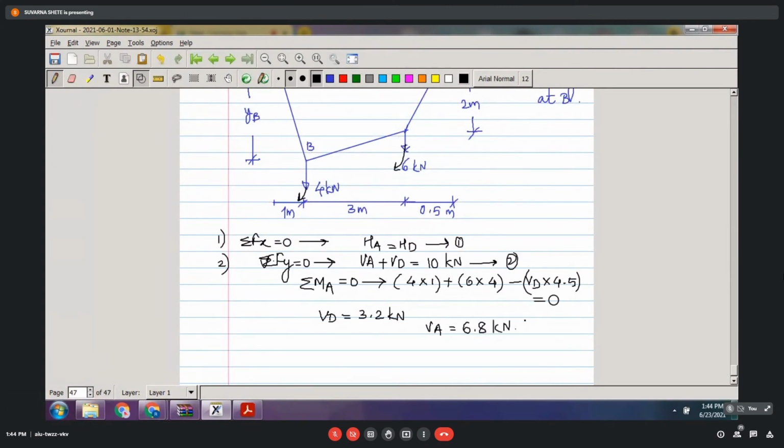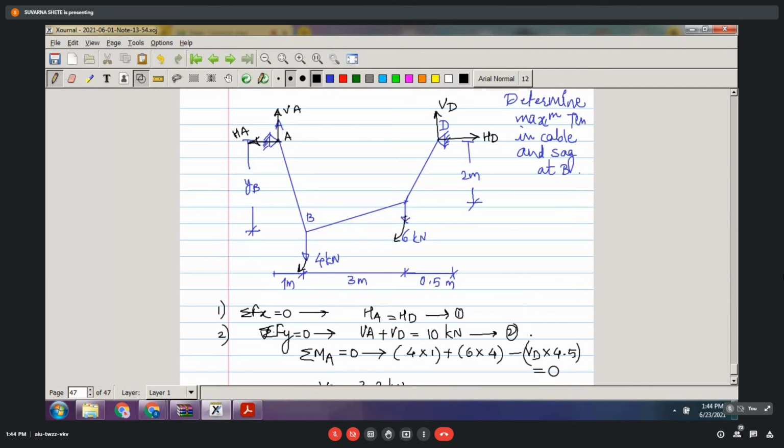Now can you tell me what we can do to find out the sag? Take moment about D, so you will get YB. No, ma'am. Think and tell me. I know the sag of which point? We use that point first. Do we know the sag of C? Yes, ma'am.